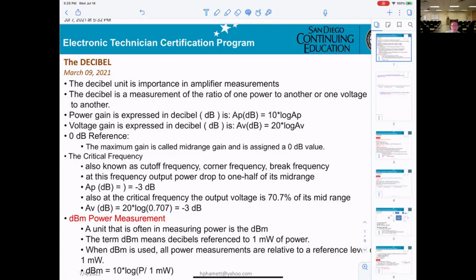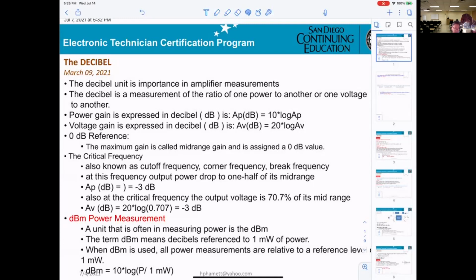That means the ratio between the output power and the input power. That's just the ratio. Or output voltage to the input voltage.